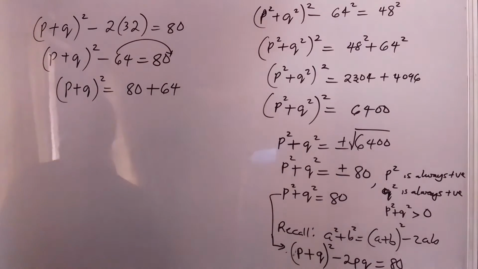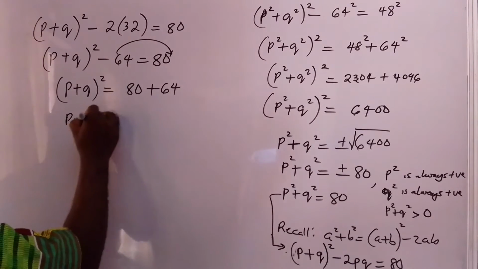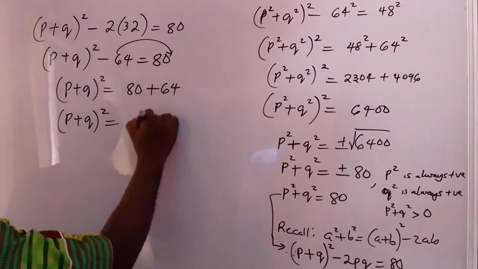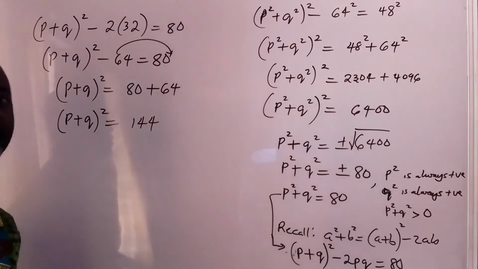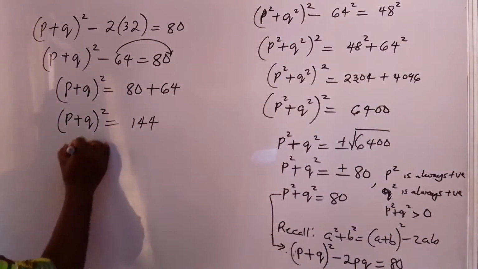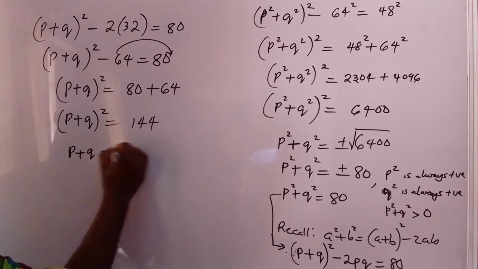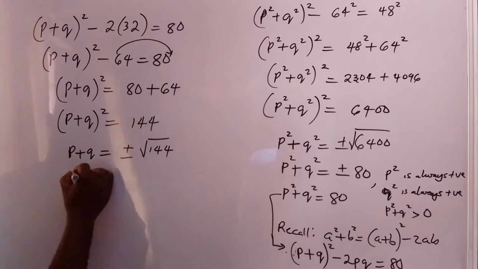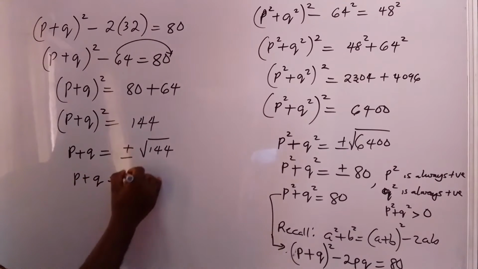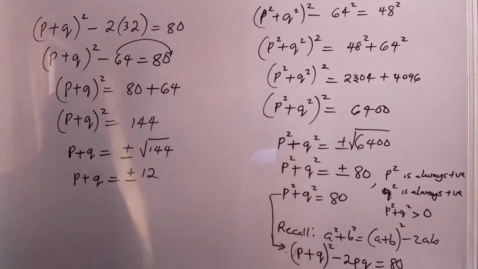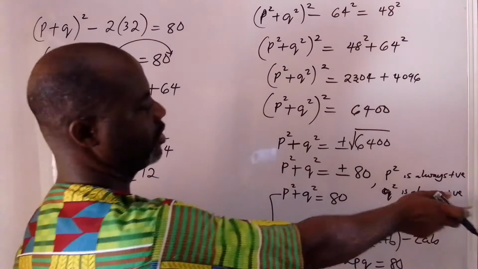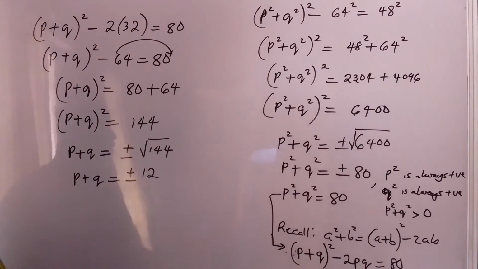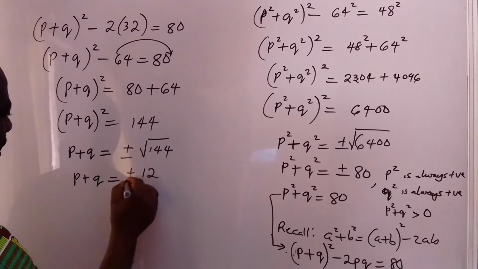So p plus q all squared will be, once these two are added up, 144. Then we can get p plus q to be plus or minus the square root of 144, so p plus q will be plus or minus 12. Just as we already established, p and q will always be greater than 0.